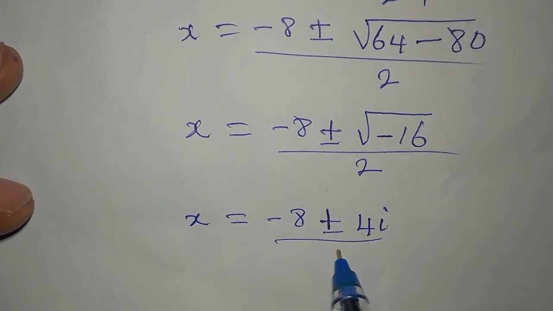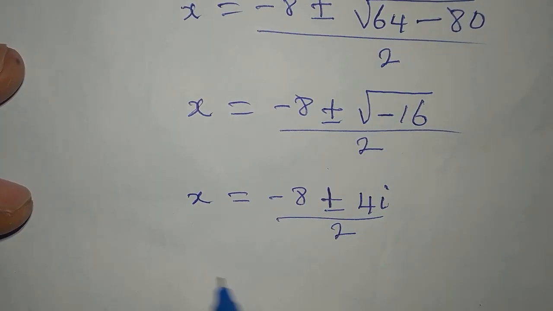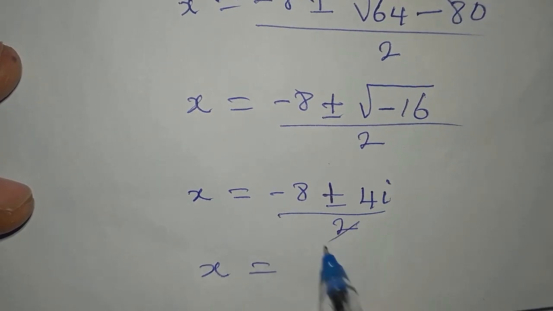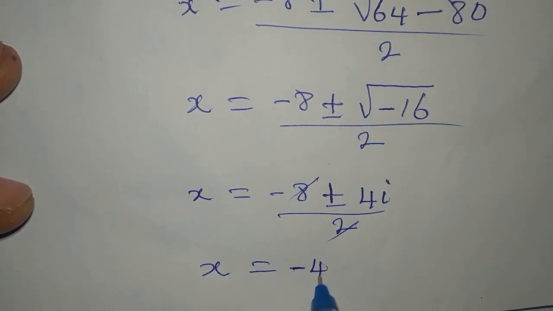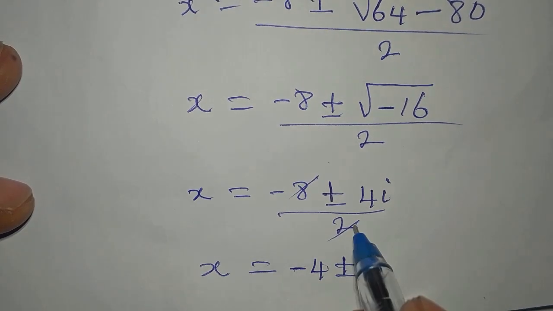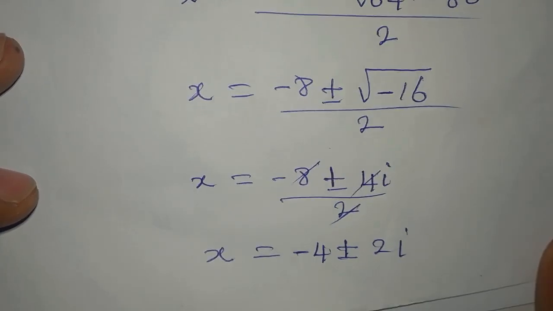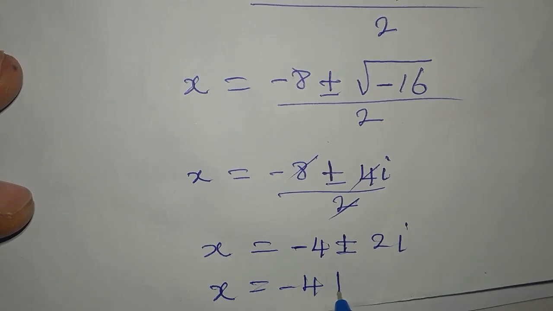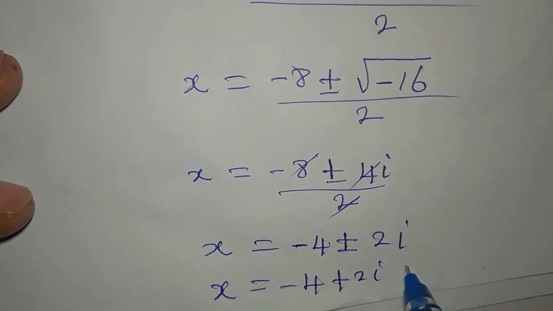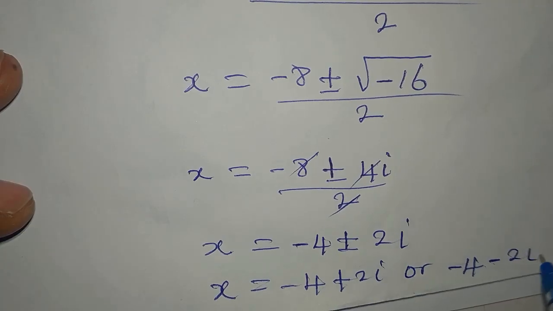Then we divide by 2. But mind you, 2 can go into both of them, so x is equal to 2 into 8 is 4, so we have minus 4 plus or minus 2 into this 4 will give us 2i. So we are saying that our x is equal to minus 4 plus 2i, or minus 4 minus 2i.